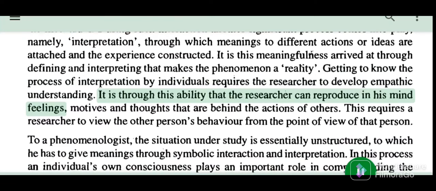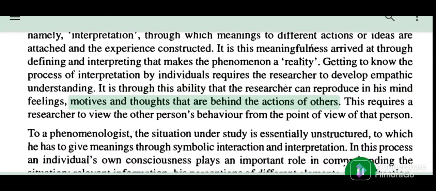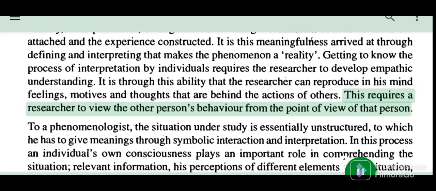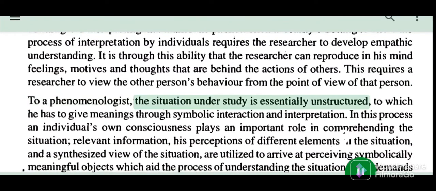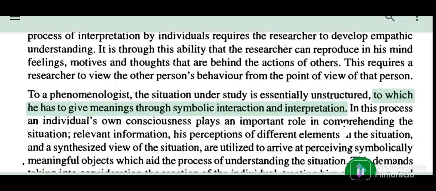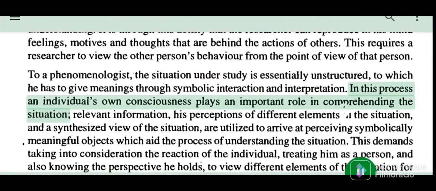It is through this ability that the researcher can reproduce in his mind feelings, motives and thoughts that are behind the actions of others. This requires a researcher to view the other person's behavior from the point of view of that person. To a phenomenologist, the situation under study is essentially unstructured, to which he has to give meanings through symbolic interaction and interpretation. In this process, an individual's own consciousness plays an important role in comprehending the situation.